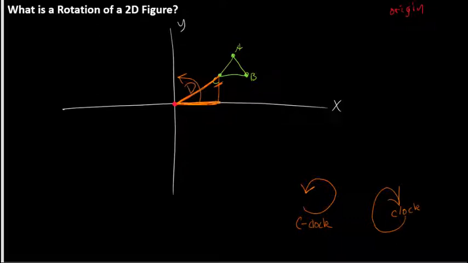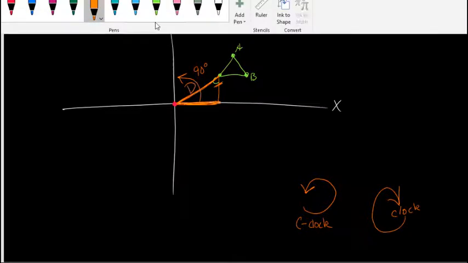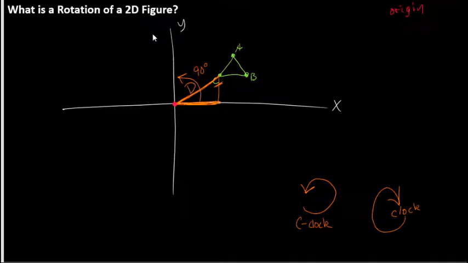Anywho, let's say we're going 90 degrees counterclockwise with this triangle in green, ABC, and we're going to get a new triangle. Draw it about the same there.